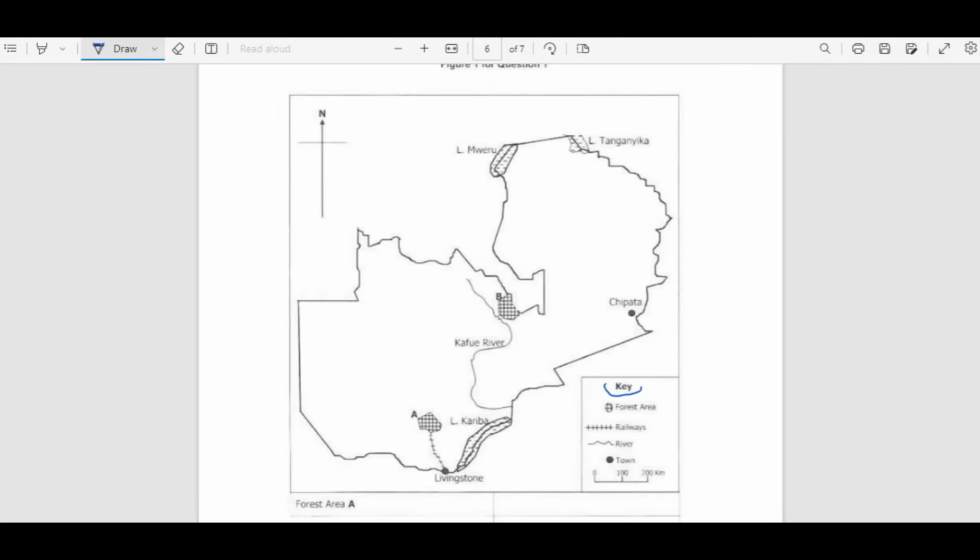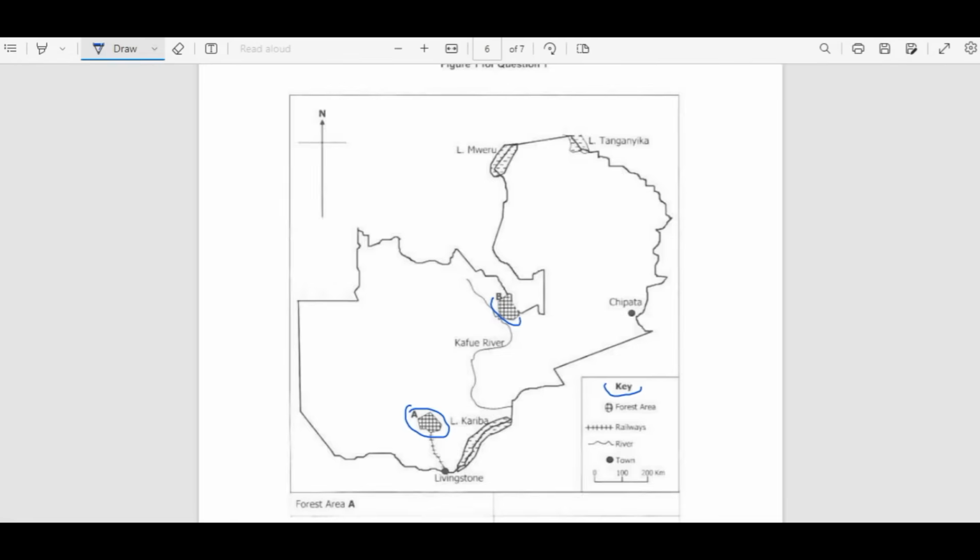And then we have the area. You can look at the area. So this area is represented in the key to be the forest area. And then we have two forests. So this forest here, and then we have another forest which is B.